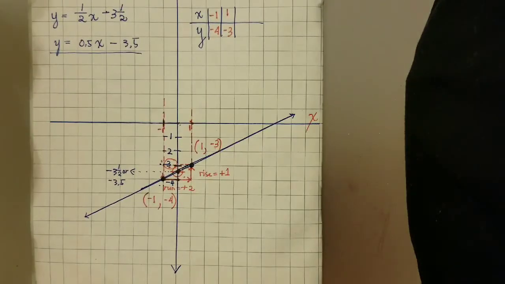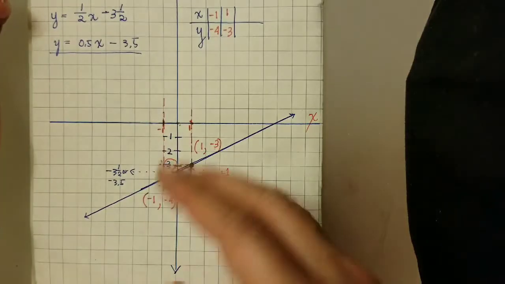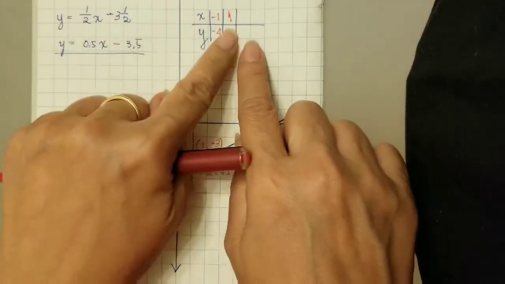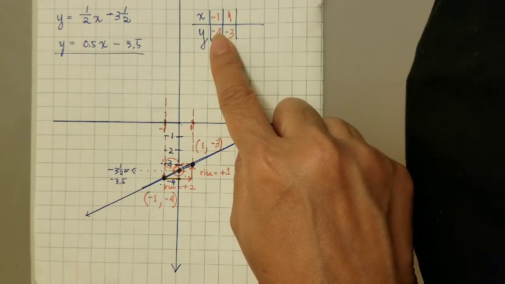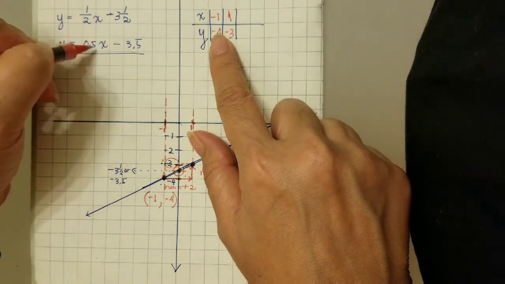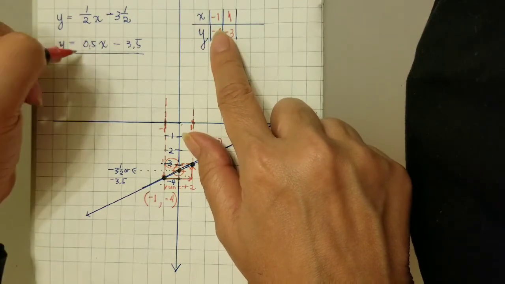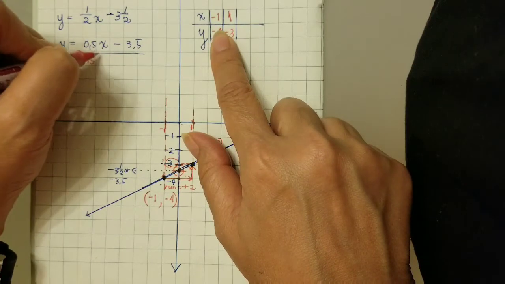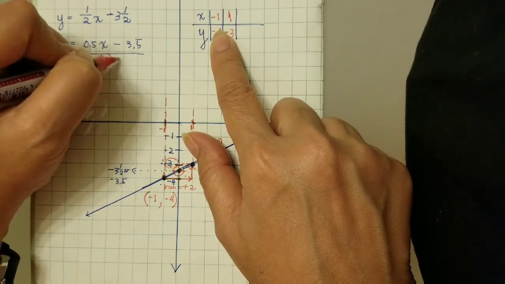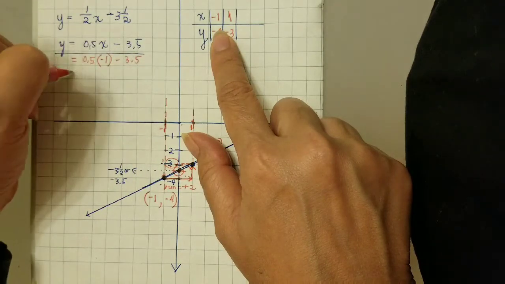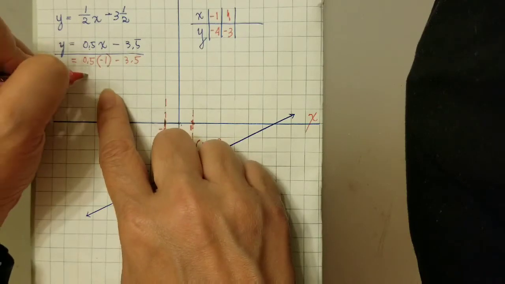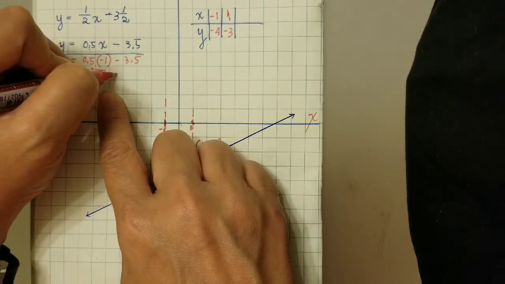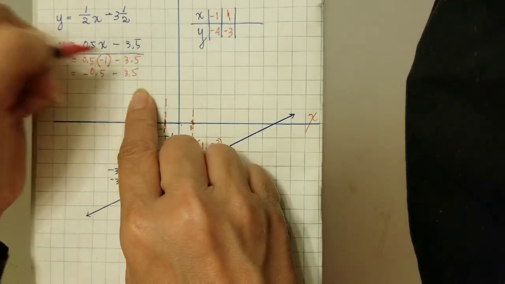Okay, so let's check if our equation is correct. How do we do that? You substitute. Okay, so let's try for this one. Y is equal to 0.5x minus 3.5. Y is equal to 0.5, substitute, times -1, so it becomes -0.5 minus 3.5.